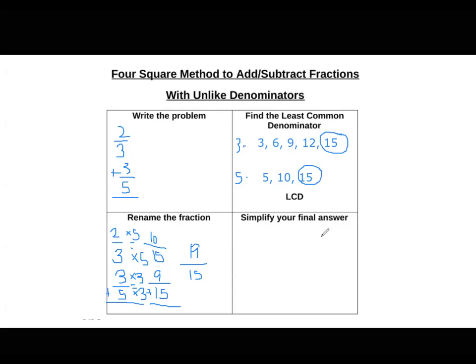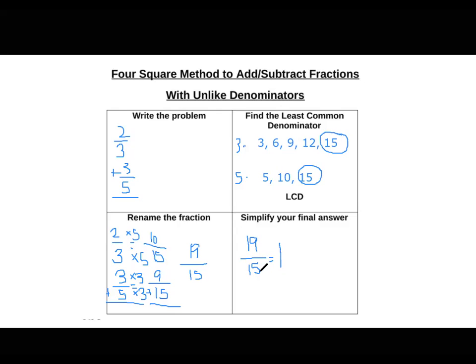Our very last step, step 4, is to simplify our answer. What we mean is to see if your answer can be written in a simpler form or reduced. Our answer is an improper fraction, and we usually do not keep our answer as an improper fraction, so we want to write this as a mixed number. In our numerator 19, we can make one group of 15.